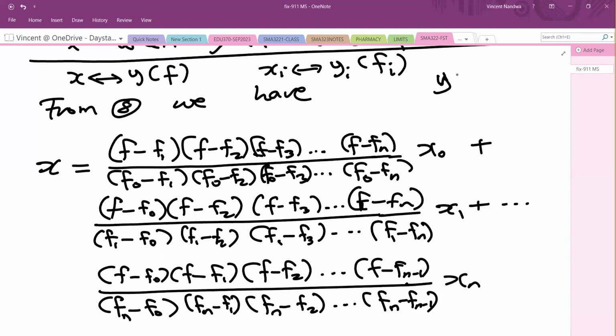While the first method, equation 8, is the direct or simply the Lagrange interpolation formula, which will help you to approximate the value of a function at a given value of x.